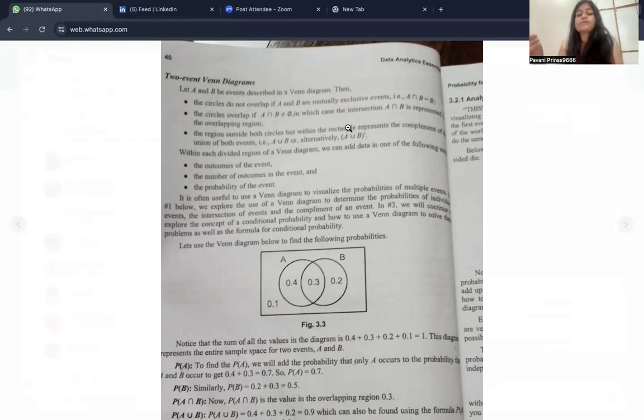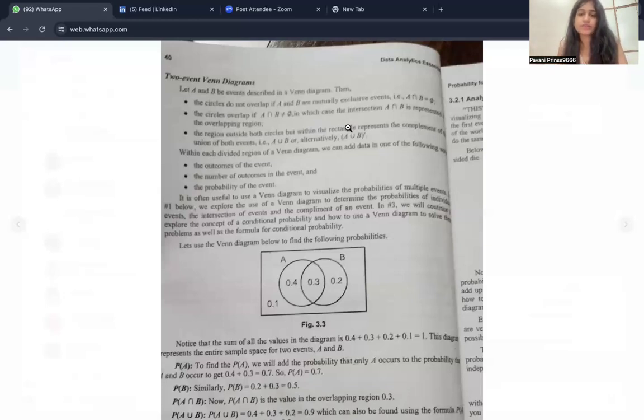Now, if there is an intersection between both of them, do you call it null? No. A intersection B is not equal to null. That means there is a person who is playing chess and who is also playing football, right? So the intersection between both of them is not equal to null. They are dependent events, right?